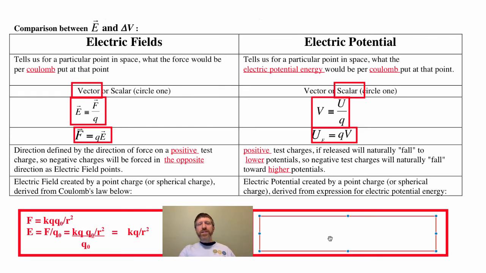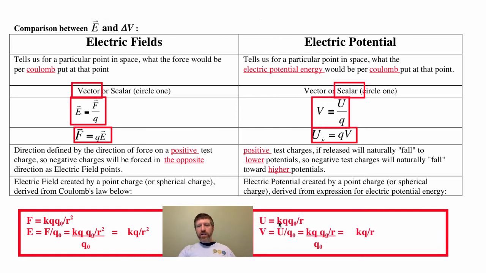Similarly, the electric potential created by a point charge or spherical charge, we can derive it the same way. This is electric potential energy, kQQ₀ over r, and we'll derive that with the C kids. For the AP Physics 2 kids, we just give you this straight up. This works for a spherical or a point charge.